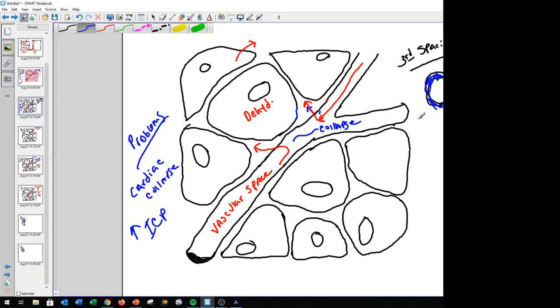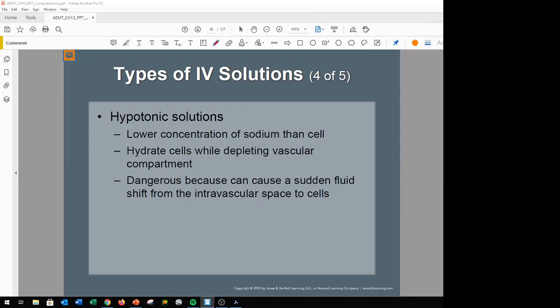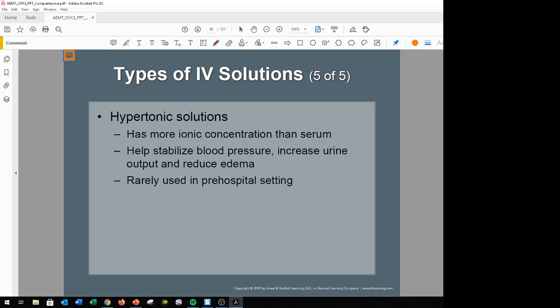All right, and last on our list of IV solutions anyway should be hypertonic. Hypertonic solution has more ionic concentration than serum, helps to stabilize blood pressure, increase urine output, and reduce edema. It's rarely used in a pre-hospital setting.